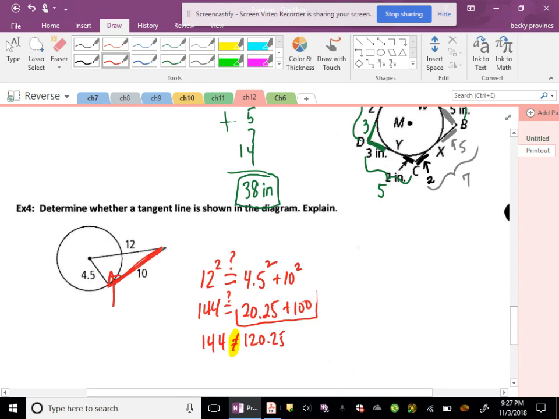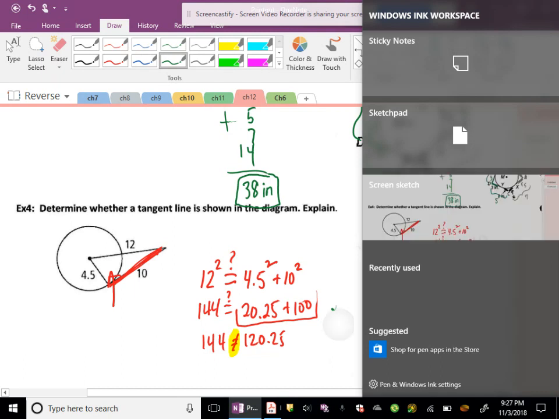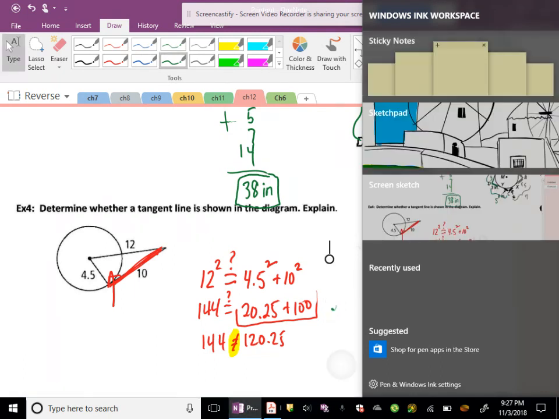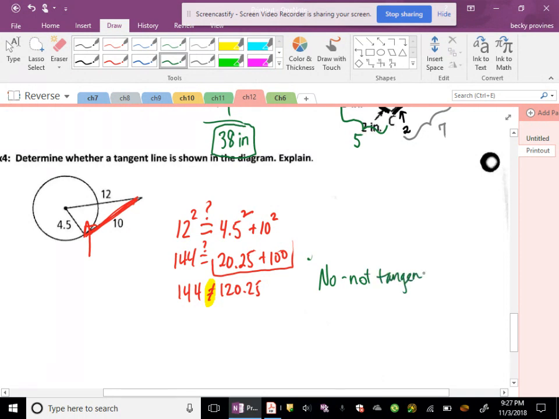Okay, so determine whether or not a tangent line is shown in the diagram and explain. Okay, so we're going to say no, it's not tangent. But why?